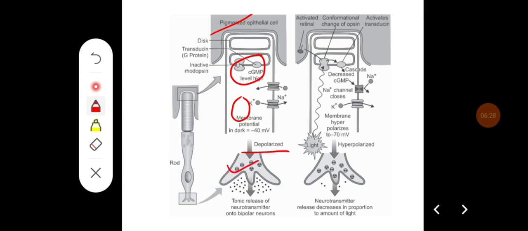In case when the light falls, there will be activation of transducin, which causes decreased levels of cyclic GMP, which causes the closure of sodium channels. So sodium levels decrease, which leads to hyperpolarization, and that leads to a decrease in the neurotransmitter glutamate, and so this is going to inhibit the interneuron, and interneurons in turn excite the bipolar cells.